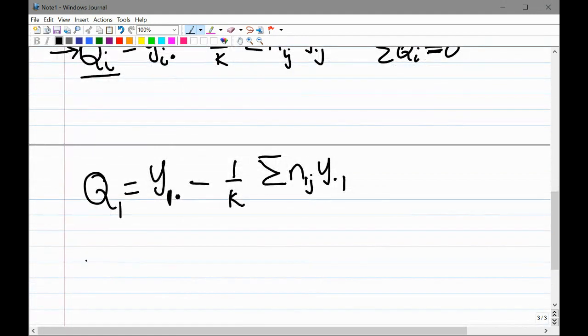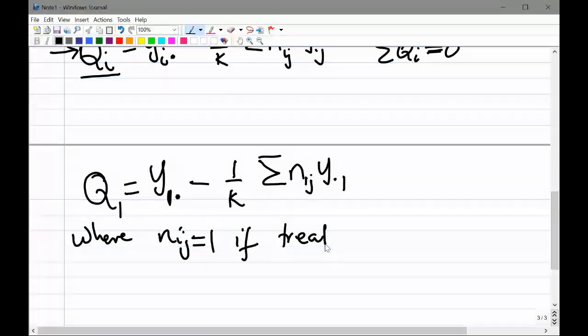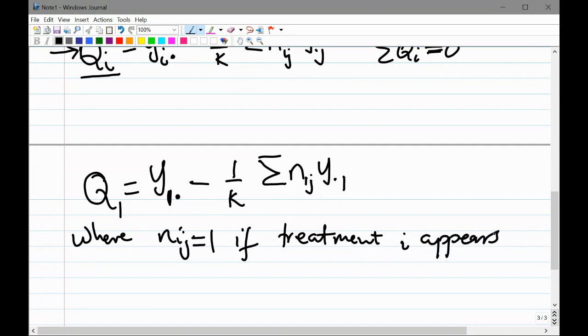What do we mean by Nij? Nij is equal to 1 if treatment i appears in block j, and 0 otherwise.